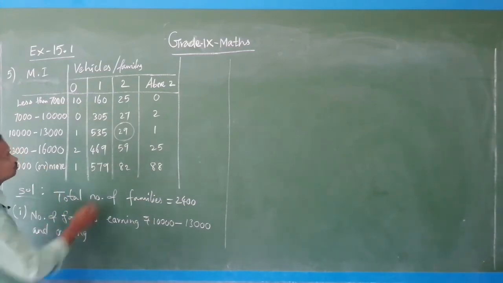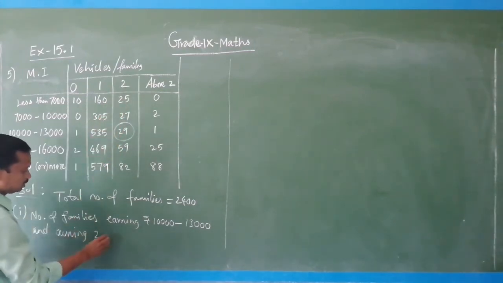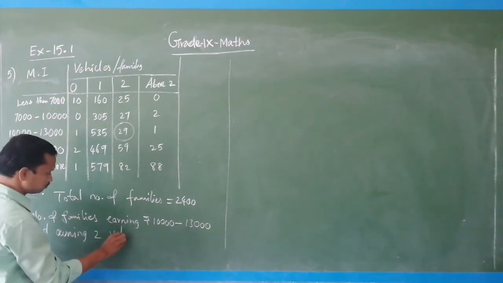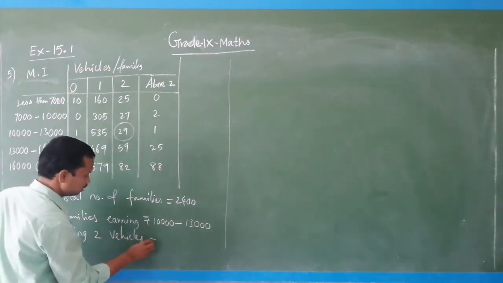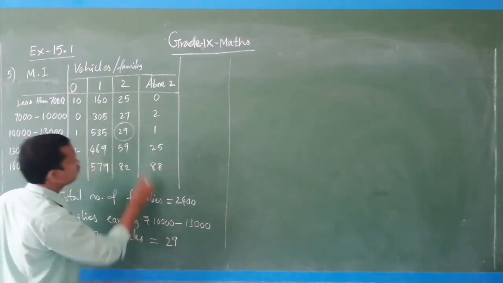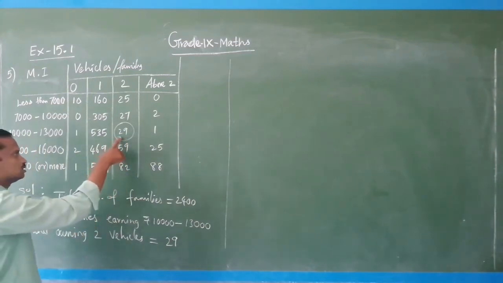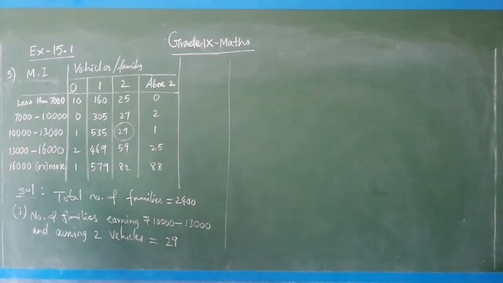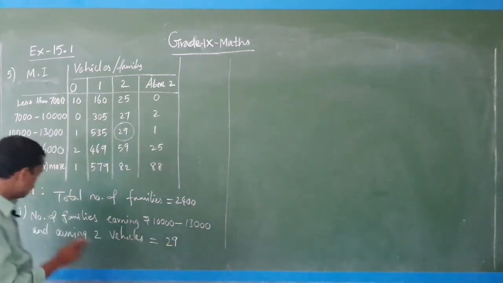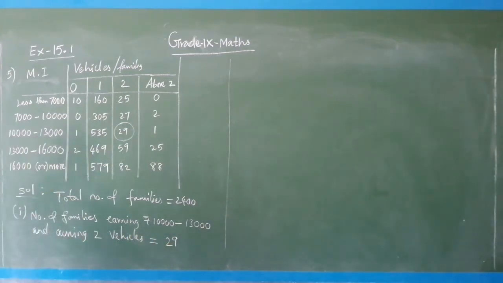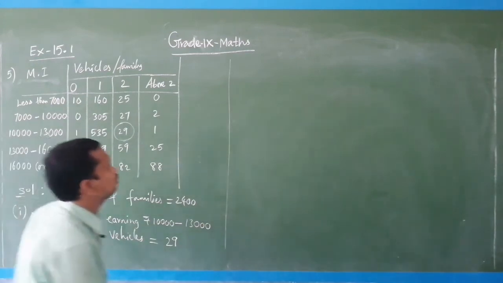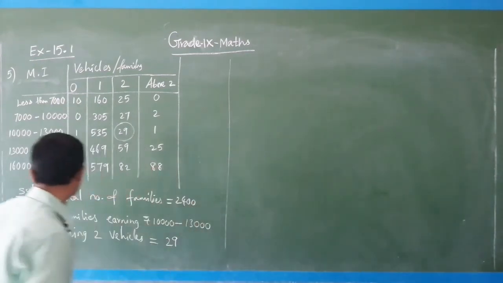Owning how many? 2 vehicles. It is given in the question. Is equal to how many? 29 families. You see, I just encircled it. So this number of families comes under the income level 10,000 to 13,000, and they own 2 vehicles, that is 29. So you have to find the probability for that.